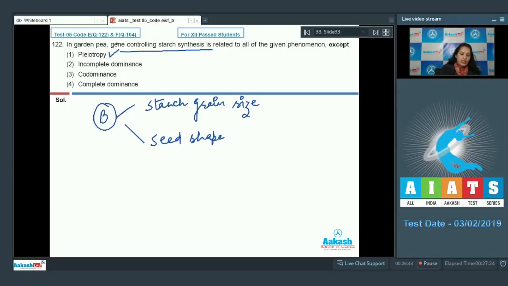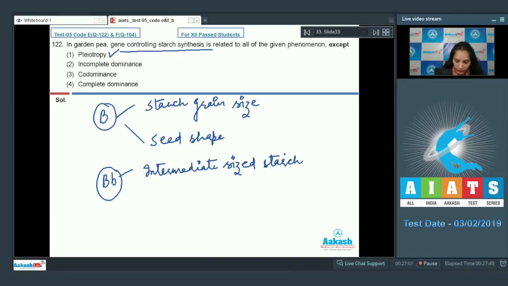So this option is correct. Now, if a pea plant has this type of genotype, then it will show intermediate sized starch grains and round seeds. Round is dominant over wrinkled.